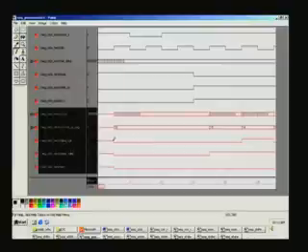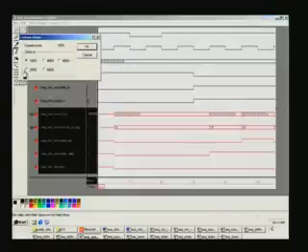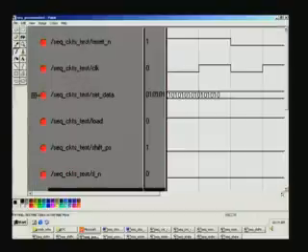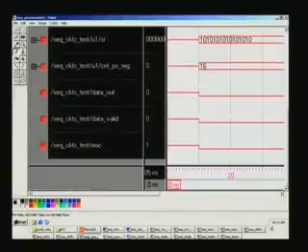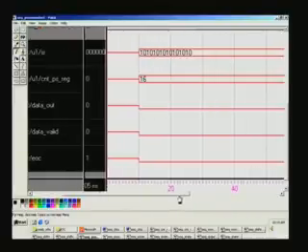Data out is here. To start with, it is all 0 here. I will just zoom this so that you may know. So, this is the shift register and this is the counter, this is the data out, and a data valid and end of conversion is also here.